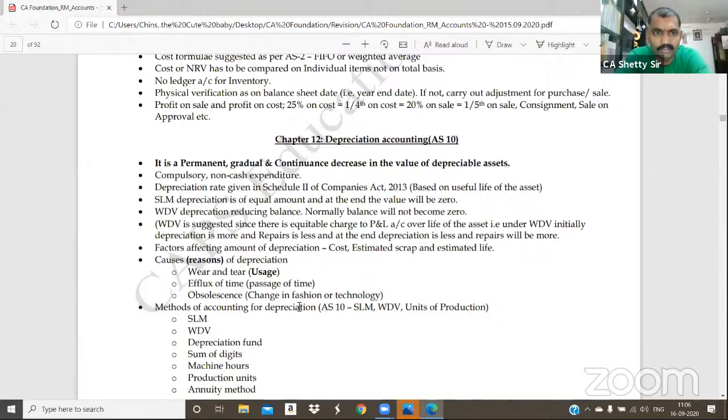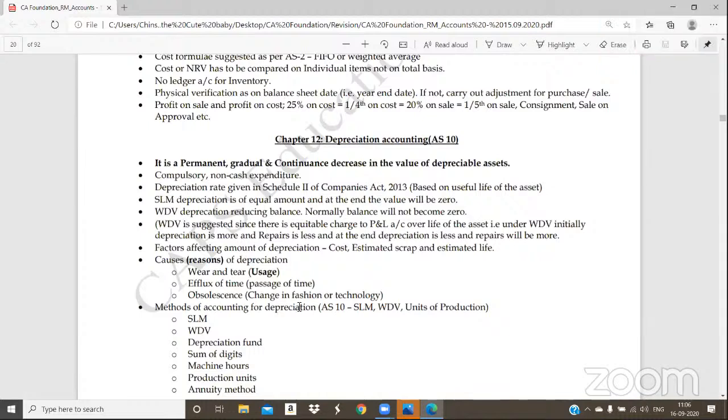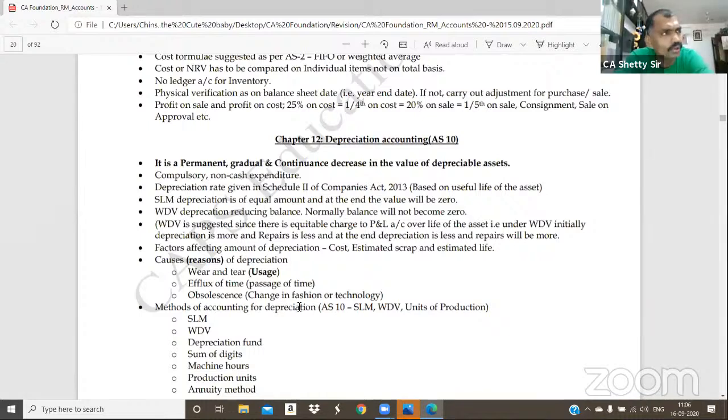Case 1, SLM, life 10 years, or 10%, both are the same. Depreciation per annum 10 lakh. Understood how? 100 lakh into 10%, 10 lakh. Scrap value nothing. Next, case 2, WDV 10%.